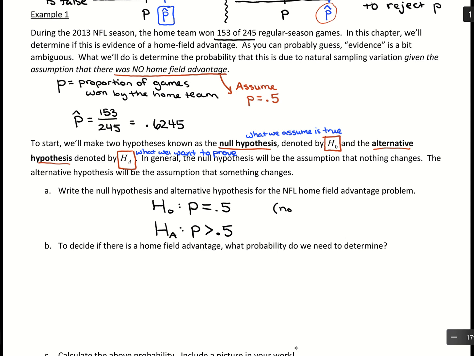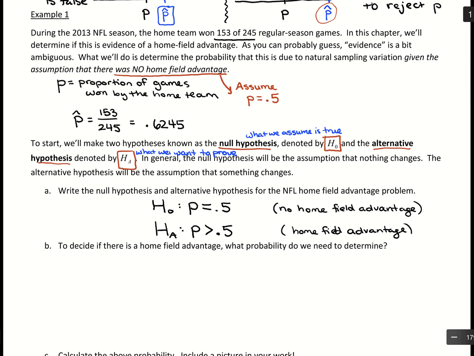So our null hypothesis is the idea of no home field advantage, and our alternative hypothesis is a statement that says that there is a home field advantage.